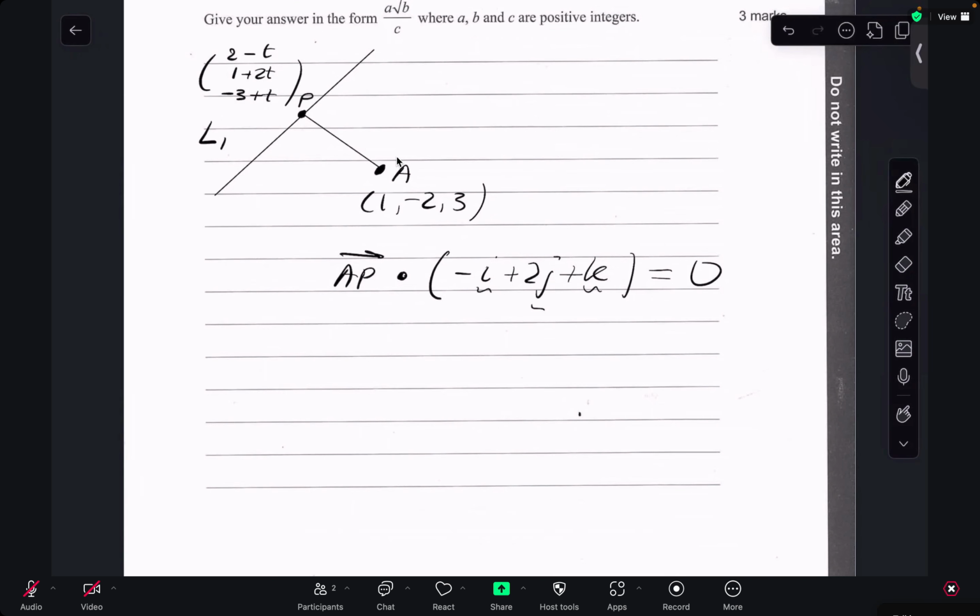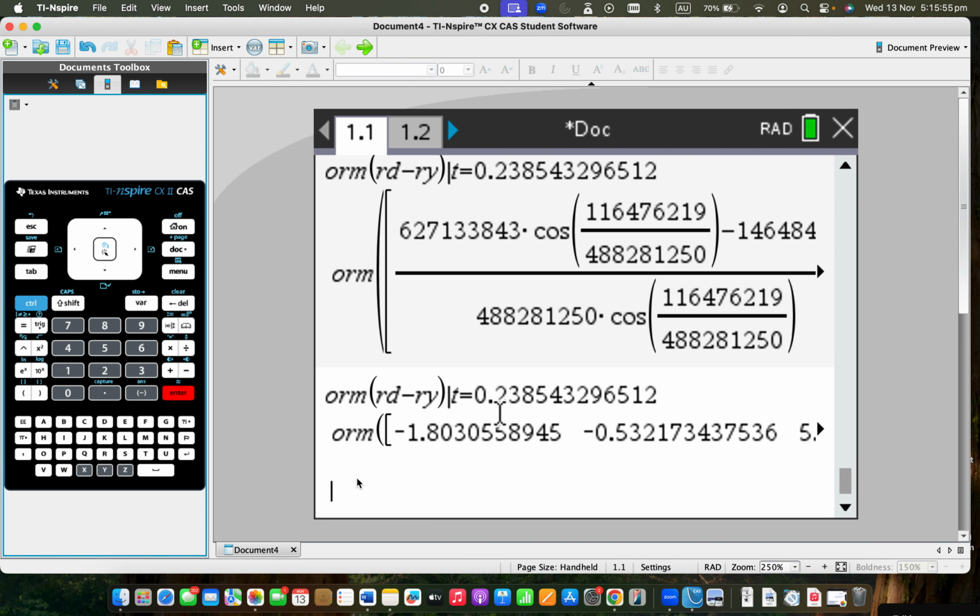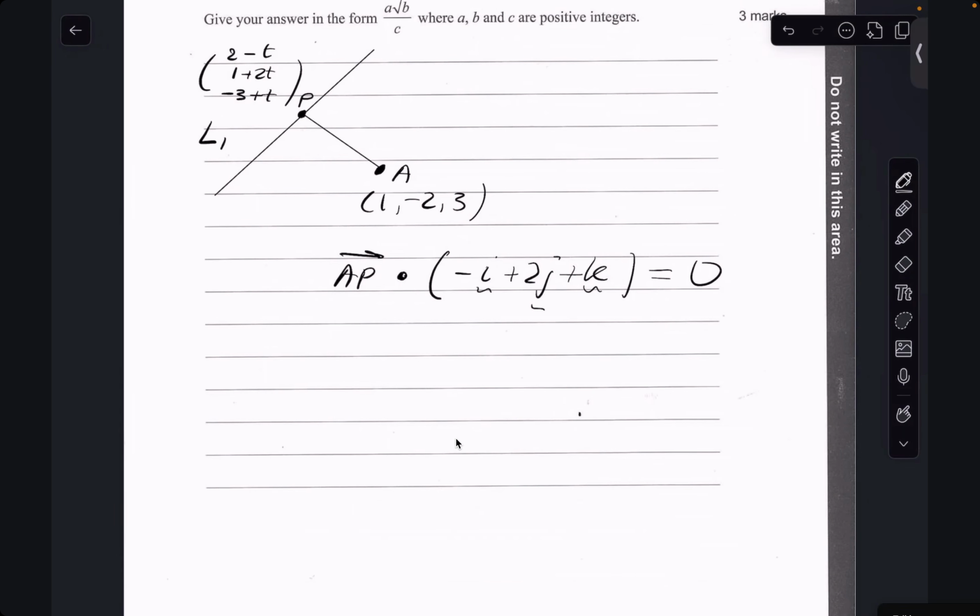Well, I don't think we need to do that on the calculator. AP, sorry, is P minus A.